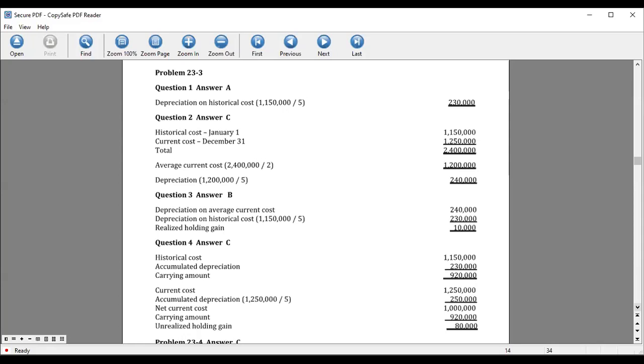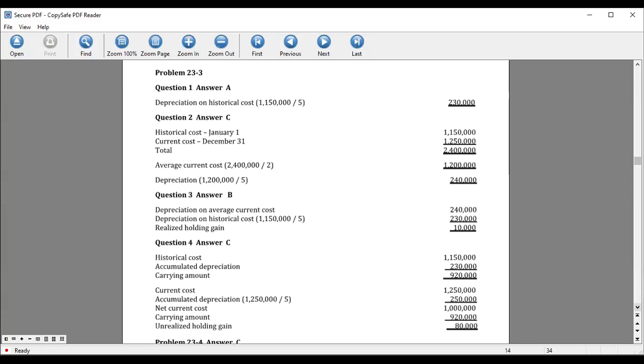Then the amount of depreciation that should be reported in the current cost income statement for 2020: we have the historical cost on January 1 of 1,150,000 and the current cost on December 31 of 1,250,000. We have a total of 2,400,000, and we divide this by 2, we get the average current cost of 1.2 million.